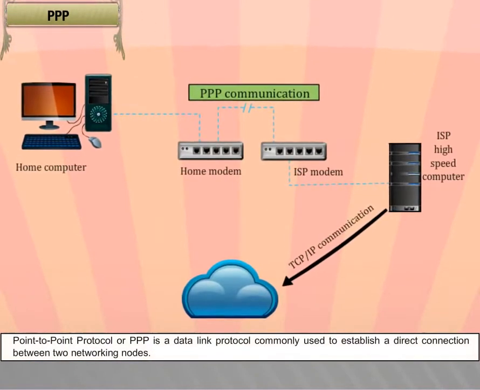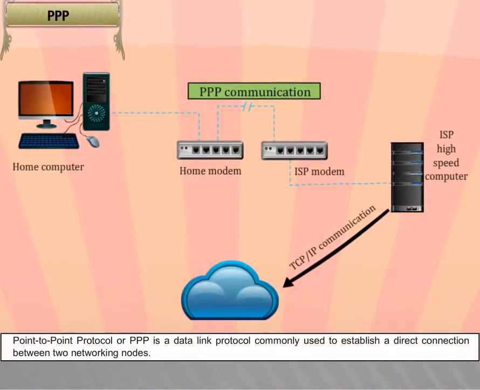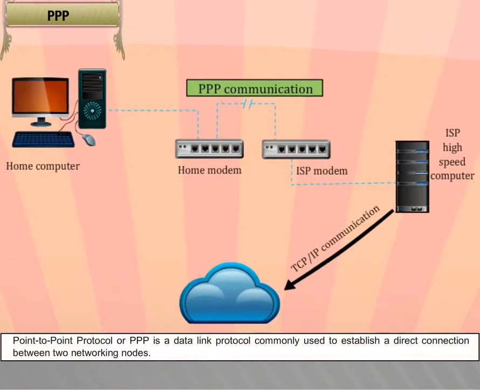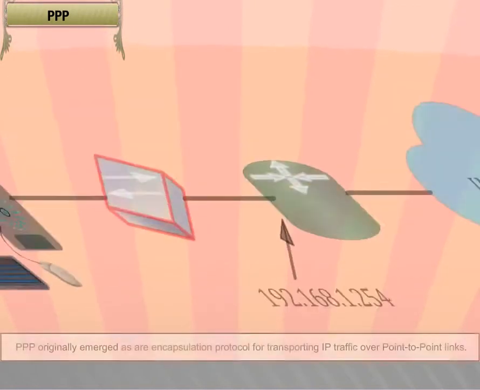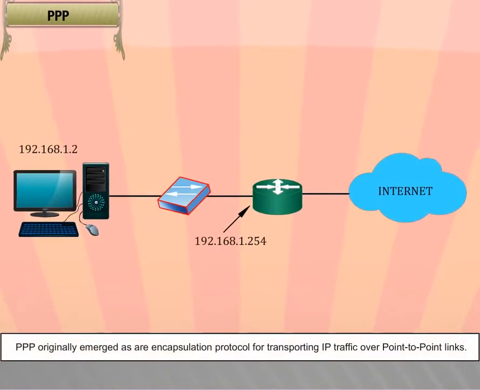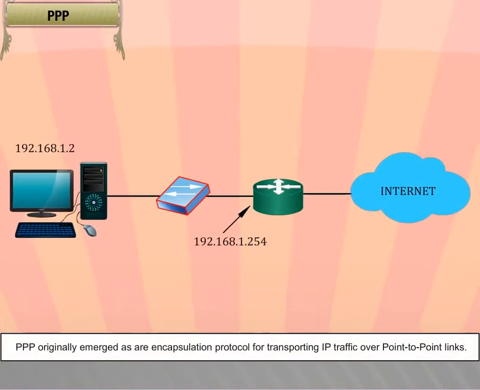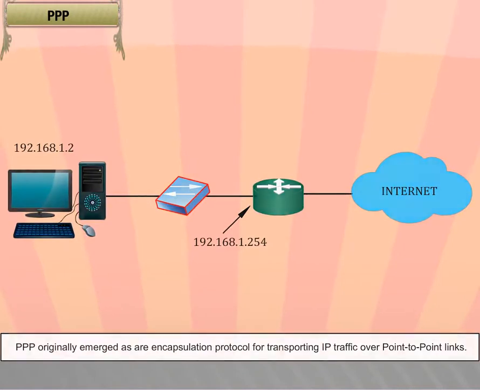PPP. Point-to-point protocol or PPP is a data link protocol commonly used to establish a direct connection between two networking nodes. PPP originally emerged as an encapsulation protocol for transporting IP traffic over point-to-point links.